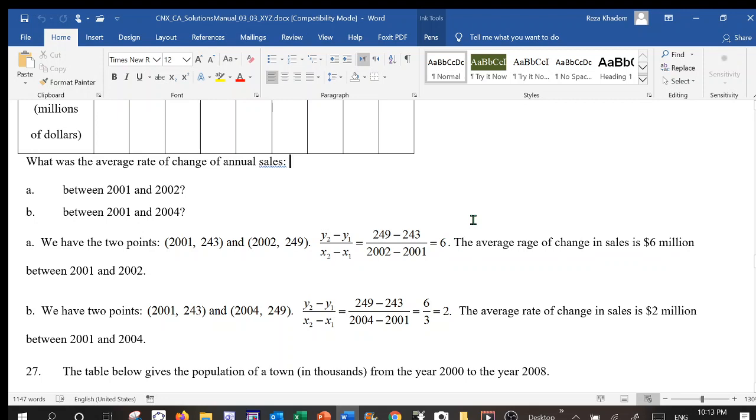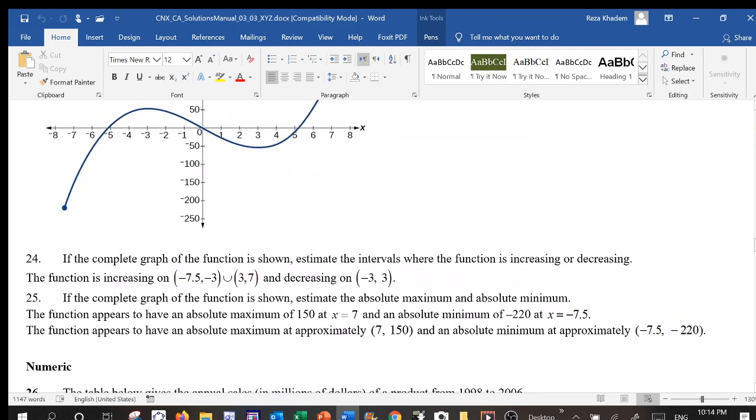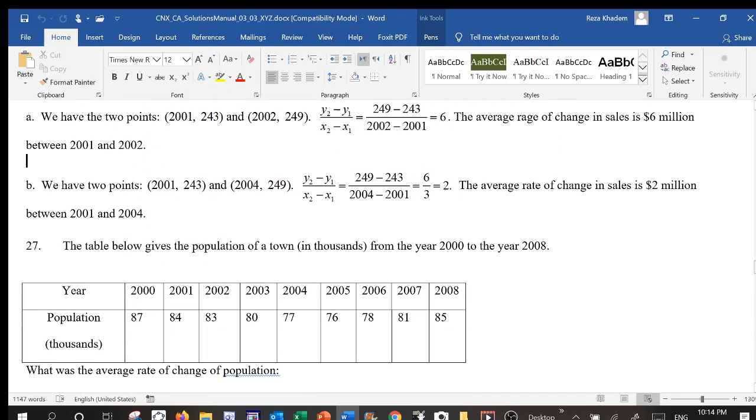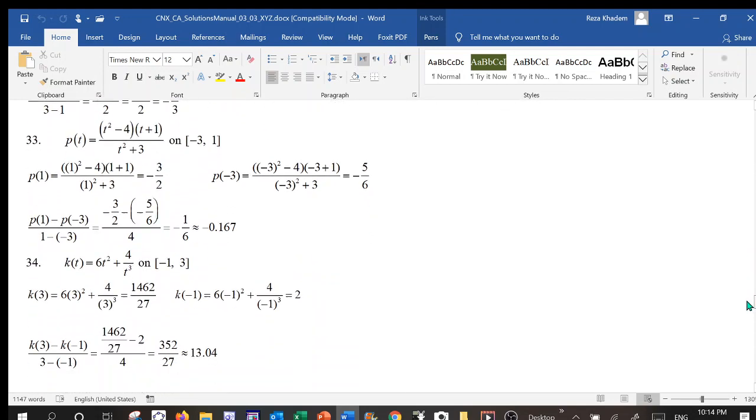The average rate is $2 million, but the unit of it is per year. It was $6 million in 3 years, so it's $2 million per year. All right, 26 we did. Let's do one more and then we look at something else.